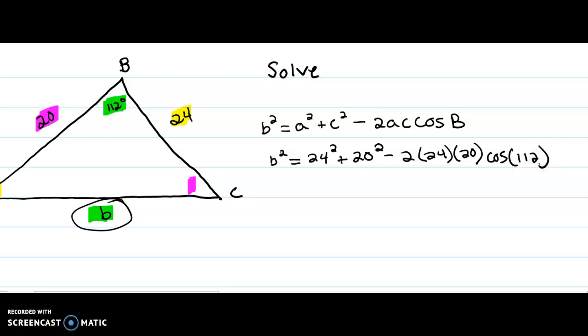Okay, now I solve for little b. So I'm going to have b squared is equal to 576 plus 400 minus 960 times the cosine of 112.